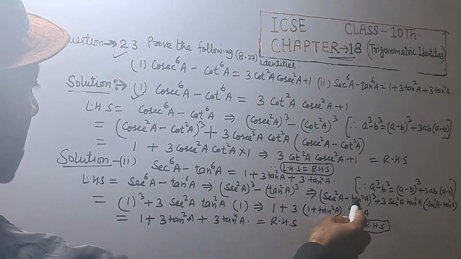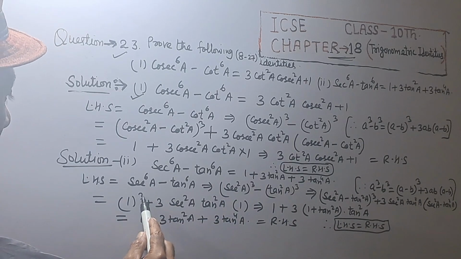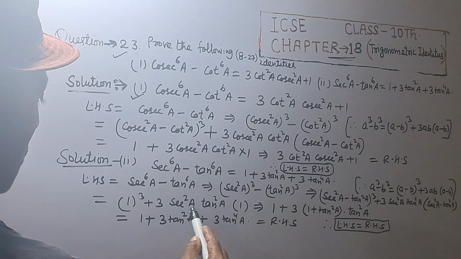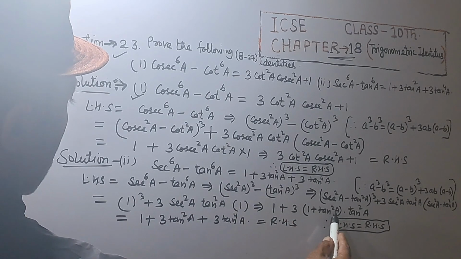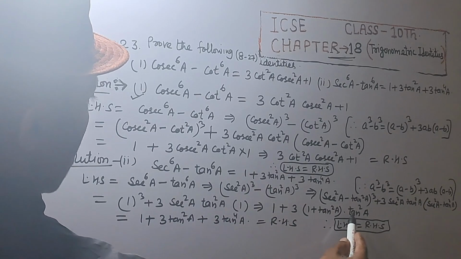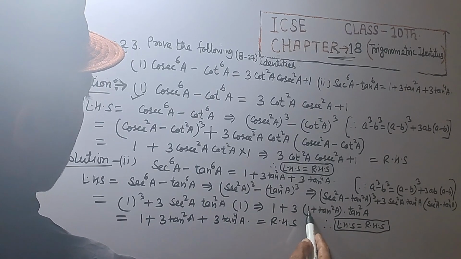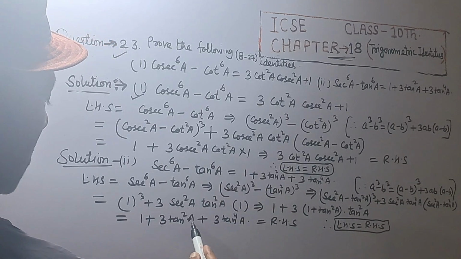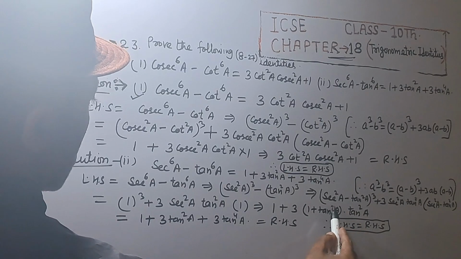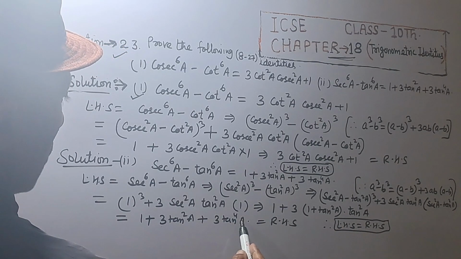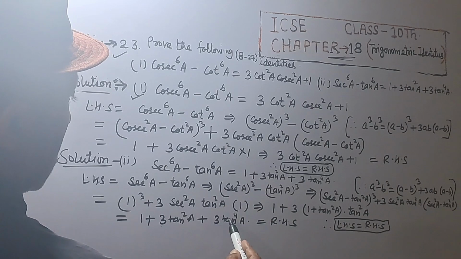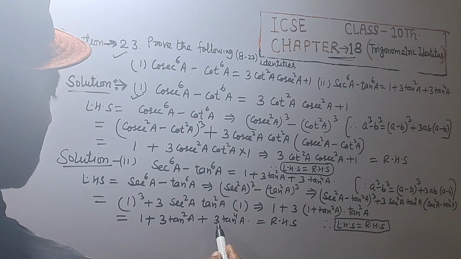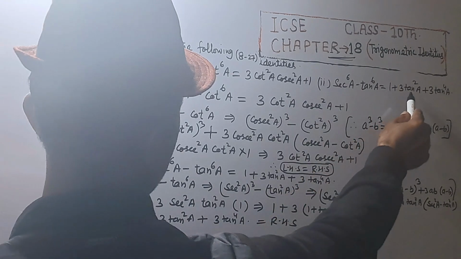And sec^2 A minus tan^2 A is 1, 1 raised to power 3 is also 1. 1 plus 3 into sec^2 A, that is 1 plus tan^2 A, into tan^2 A. Tan^2 A multiplied by 1 is tan^2 A, 3 multiplied by tan^2 A, then we get 3 tan^2 A, and 3 multiplied by tan^2 A into tan^2 A is tan^4 A multiplied by 3, 3 tan^4 A. So we get 1 plus 3 tan^2 A plus 3 tan^4 A, that is our right hand side.